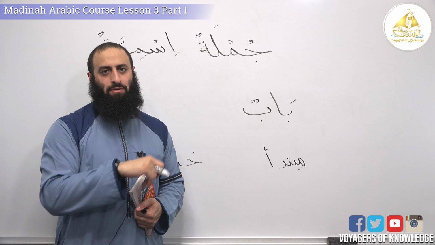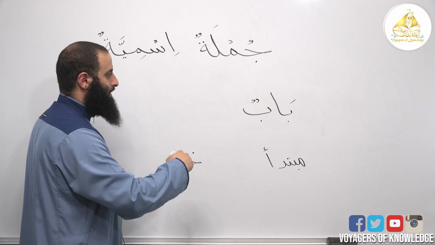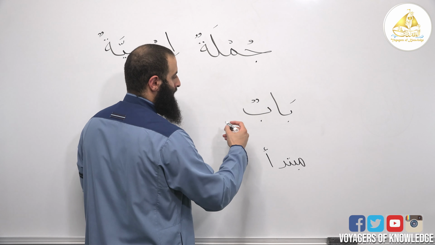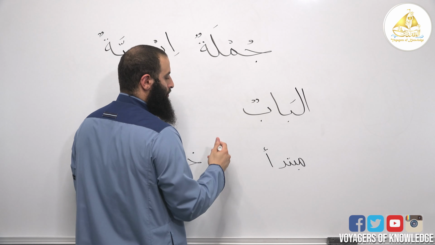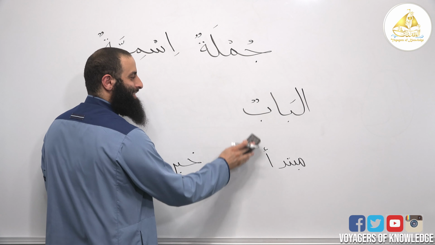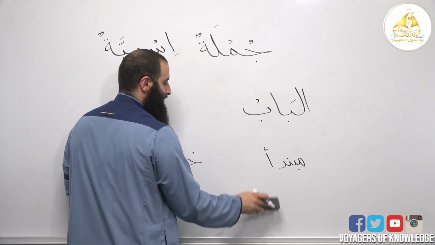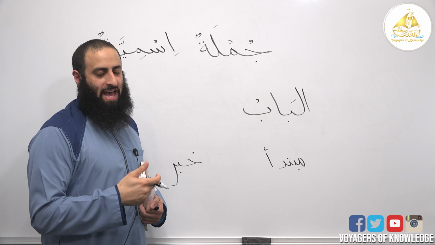You tell somebody, that's the door. Get out. Babun. What happens when we add al? We say al-babun, right? No. You can't say that. Why not? It's not going to work in the sentence. You can't say a house. That's why.